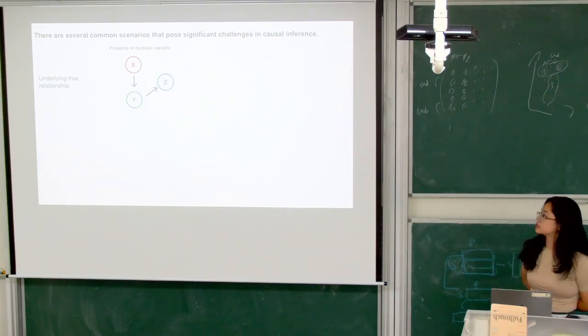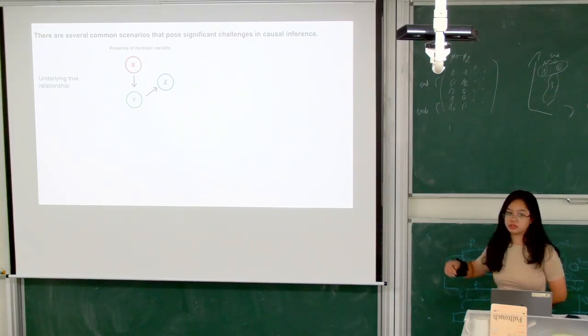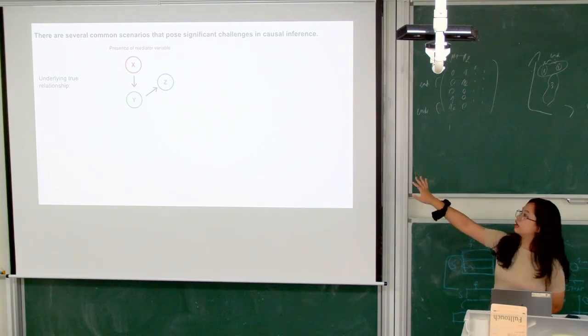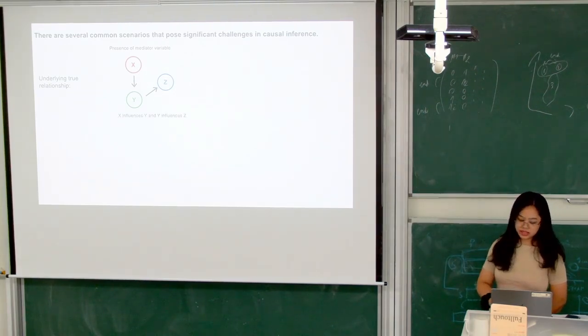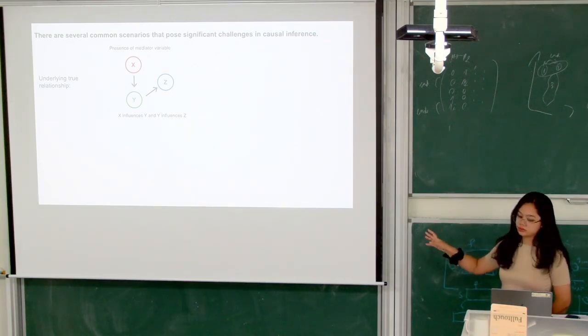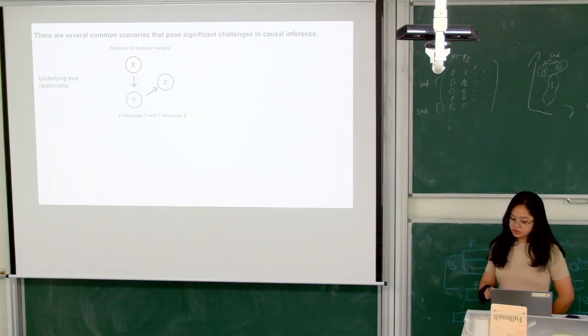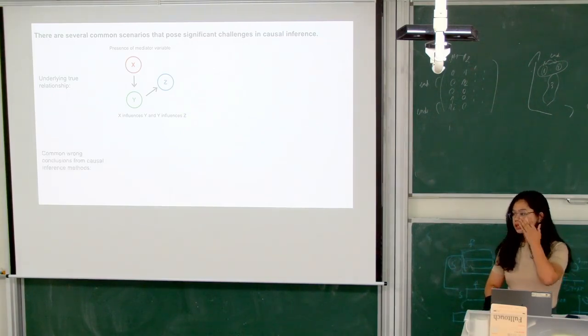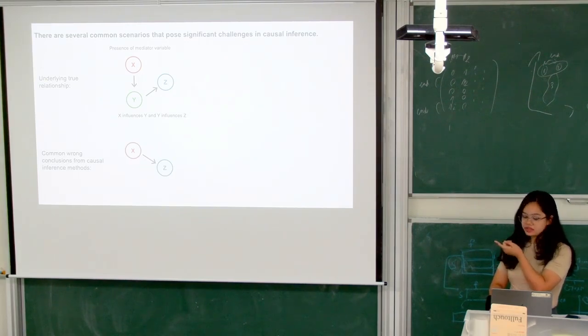And there are very common scenarios where causal inference fails. The first one is the presence of a mediator variable, as shown by this diagram. Here, x influences y and y influences z. That is the true underlying relationship, but a lot of causal inference methods infer something like this, where x directly affects z. That is one common mistake.